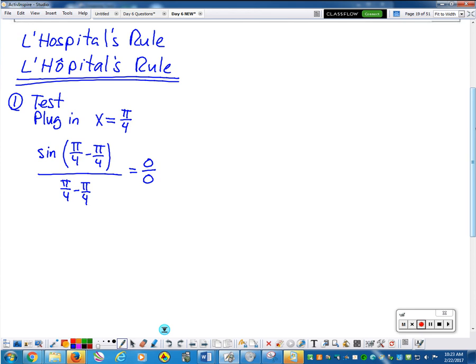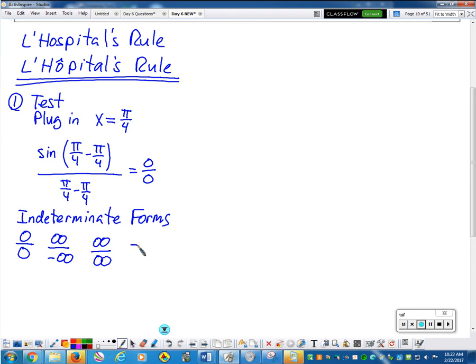Write this down, please. Indeterminate. So if you do the test and you get 0 over 0, or maybe you get infinity divided by negative infinity, or perhaps you get infinity divided by infinity, or maybe you get negative infinity divided by positive infinity, or maybe you get negative infinity divided by negative infinity.